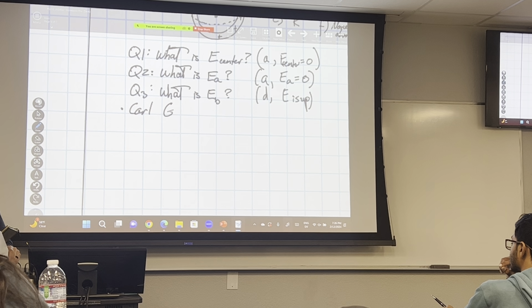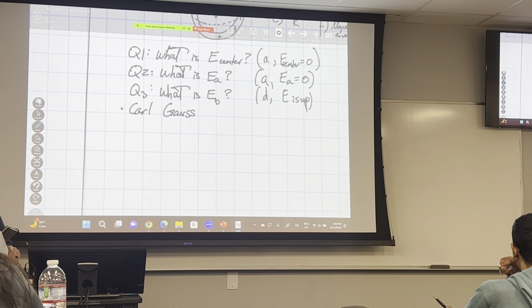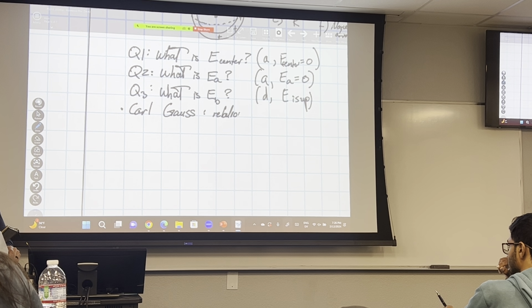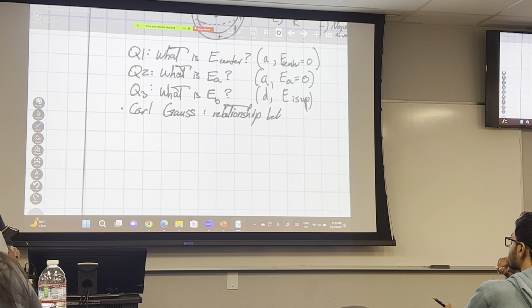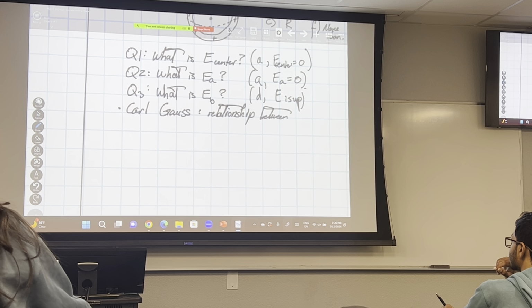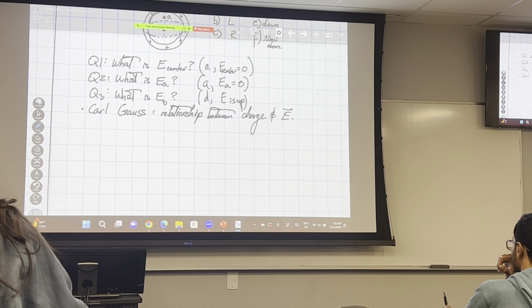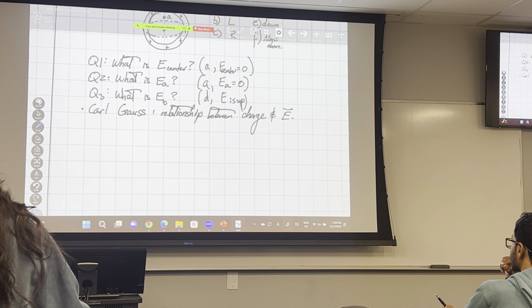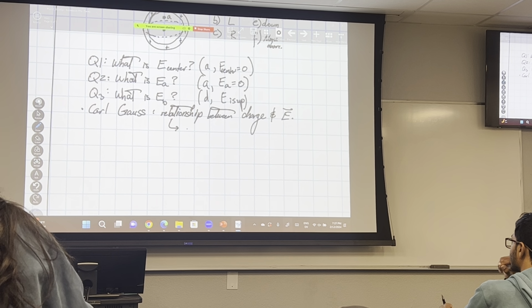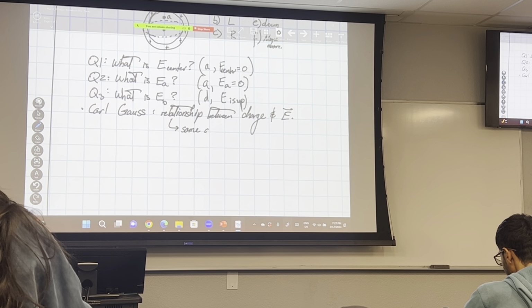So this is what Gauss's law is. Carl Gauss gave us a relationship between charge and electric field. This is the same as Coulomb's law.